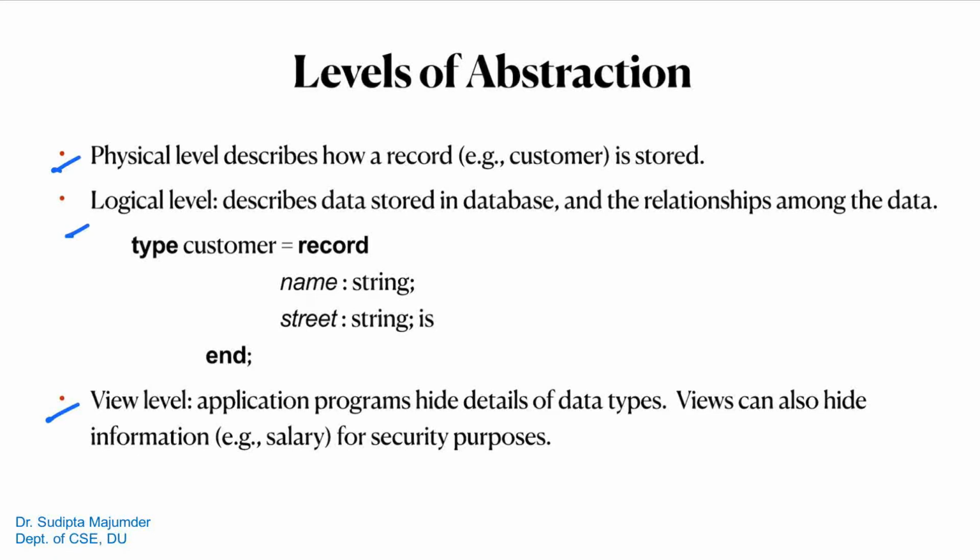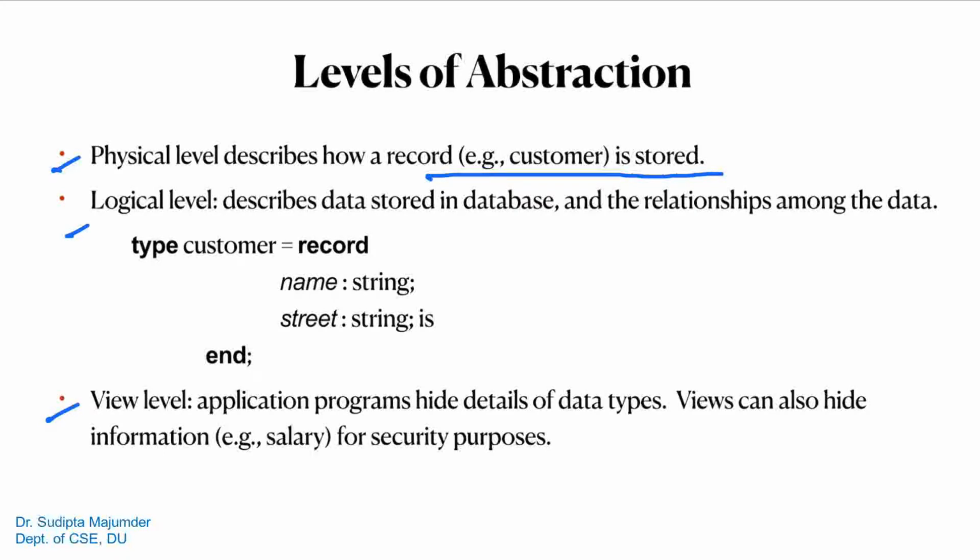The physical level describes how a record is stored in the database. Normal users who are using the database are not concerned about the physical level abstraction. It is up to the database administrator how those data will be stored in the database.